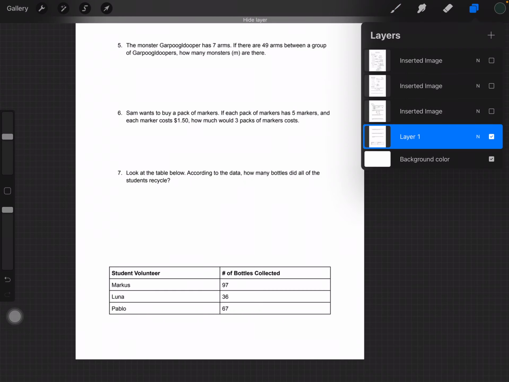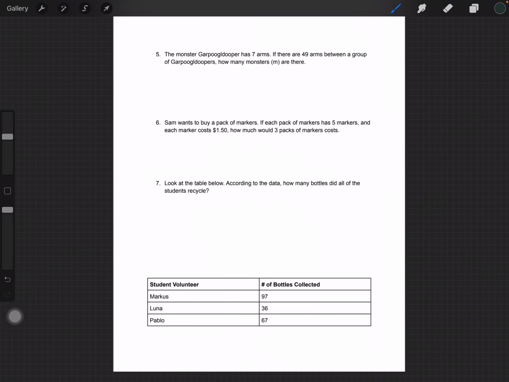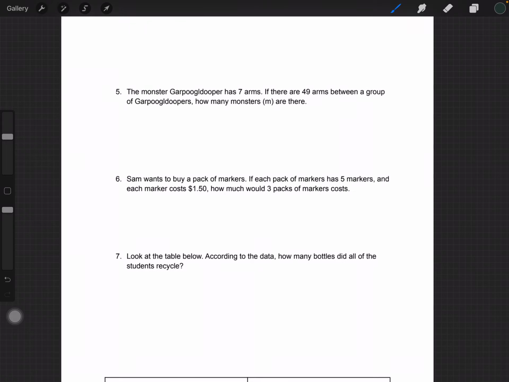Okay, last page is still word problems. So let's do number 6. Sam wants to buy a pack of markers. If each pack of markers has 5 markers and each marker costs $1.50, how much would 3 packs of markers cost? So we're looking for 3 packs.